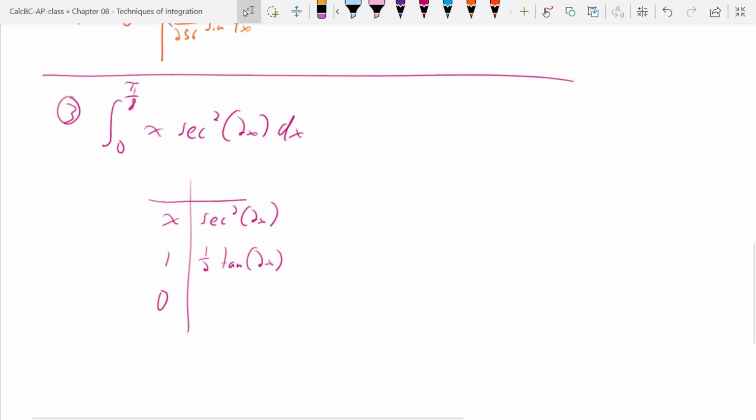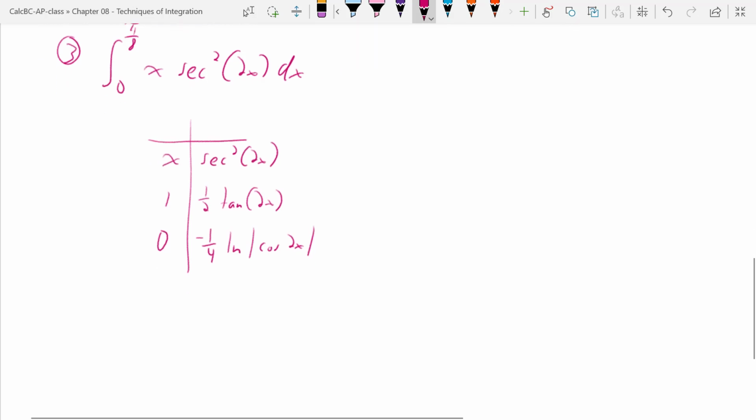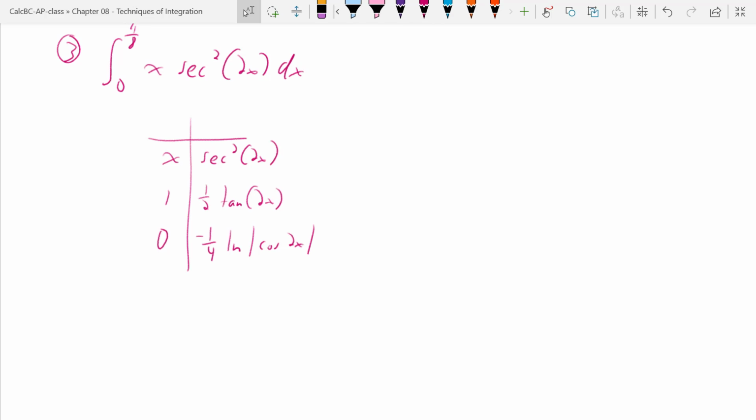And then I know the integral of tangent is the negative natural log of the cosine, so dividing by 4 and making negative 1/4 natural log of the cosine of 2x. So we build our integral using plus, minus. So this was only 2 steps, but it still saved time without having to worry about u and v's.